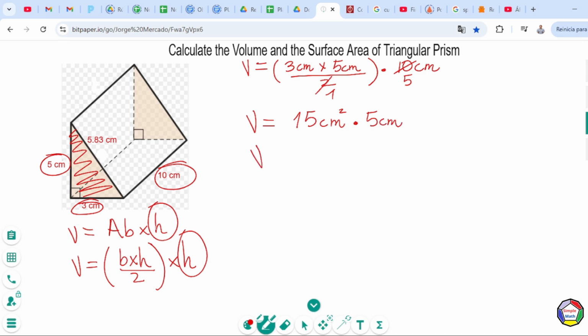So the volume is going to be equal to 75 centimeters cubed, because centimeters squared times centimeters is centimeters cubed. And this is the way we calculate the volume of that triangular prism.